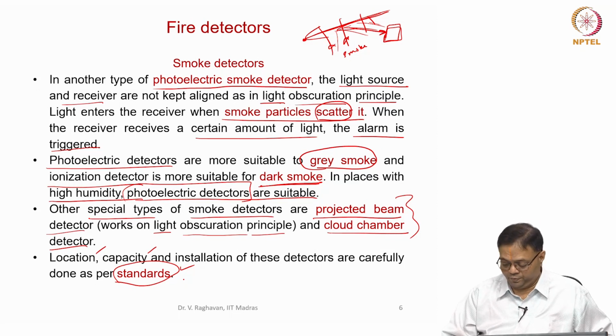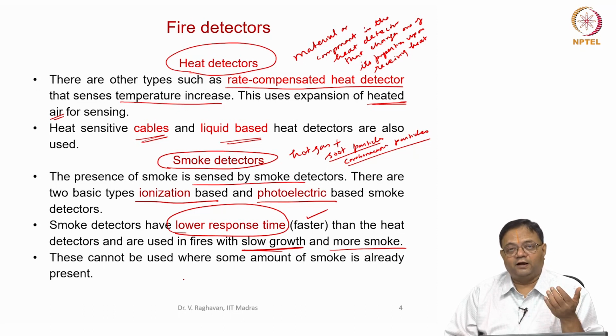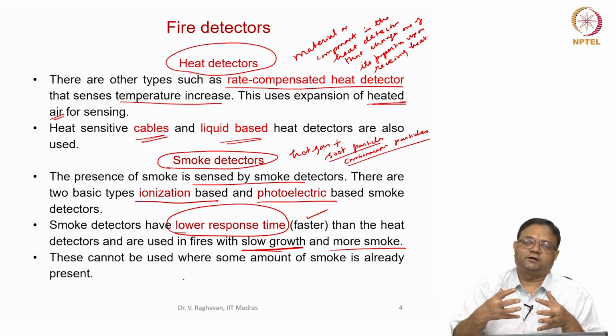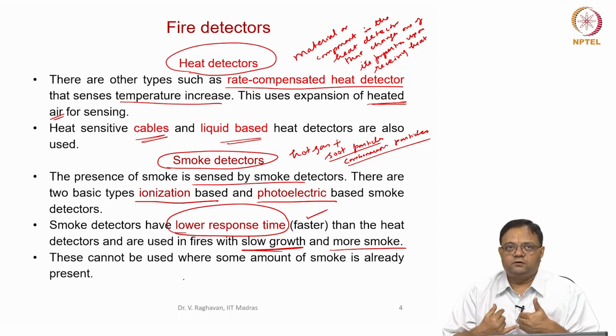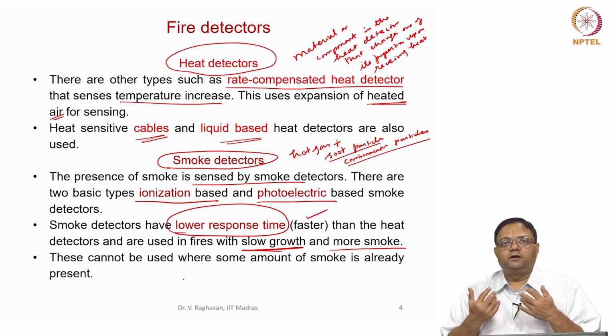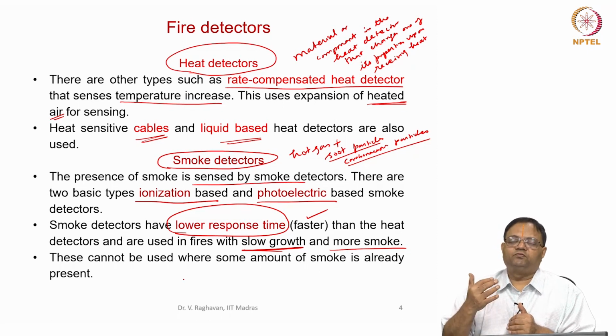Okay. So we have seen about the heat detectors which are slow in response. They actually measure the heat flux, or basically the heat flux coming into the detector will cause change in the material property, or they can sense the temperature increase and detect it. It may take some time, as the heat transfer time is required.